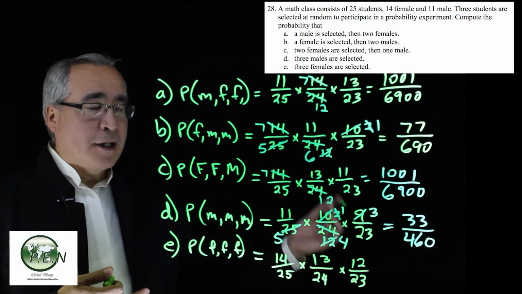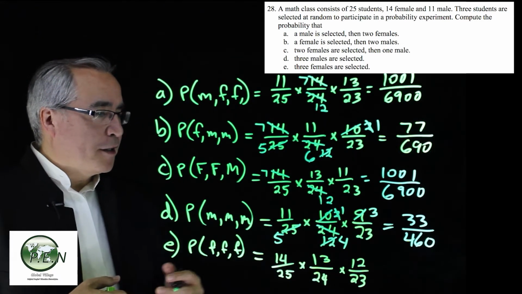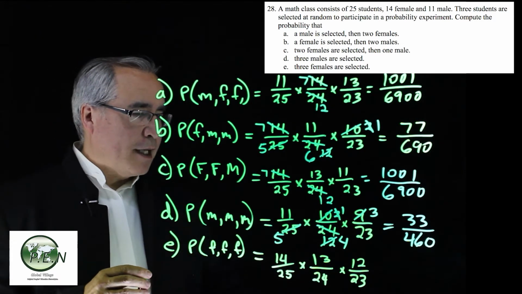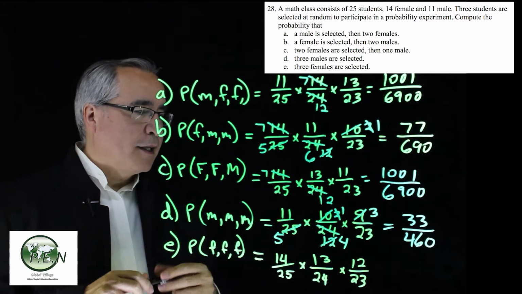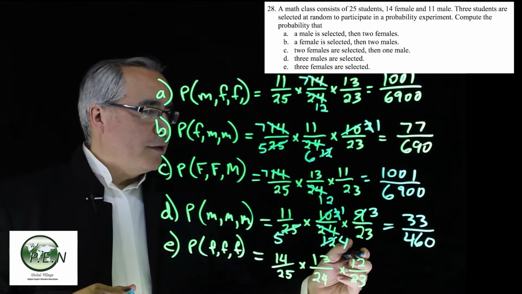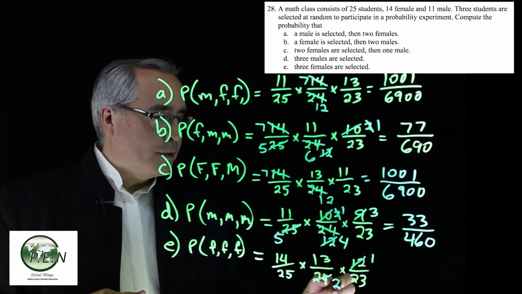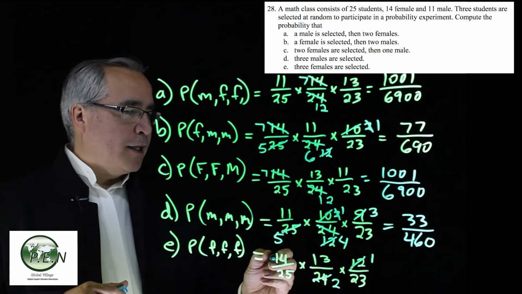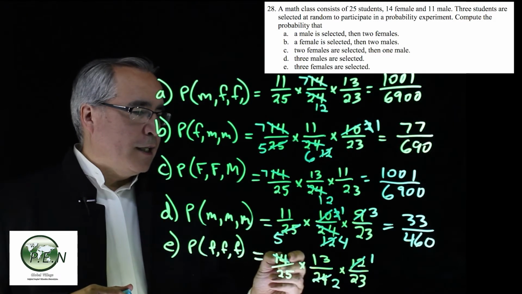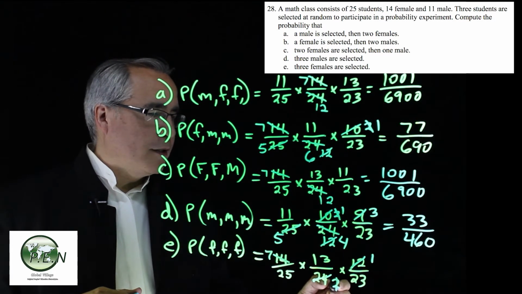The problem took so long, my monitor went out on me. So let's see some canceling we're able to do here. 12 goes into 24. 12 goes into 12 once. 12 goes into 24 2 times. 2 goes into 14 7 times. 2 goes into 2 once.